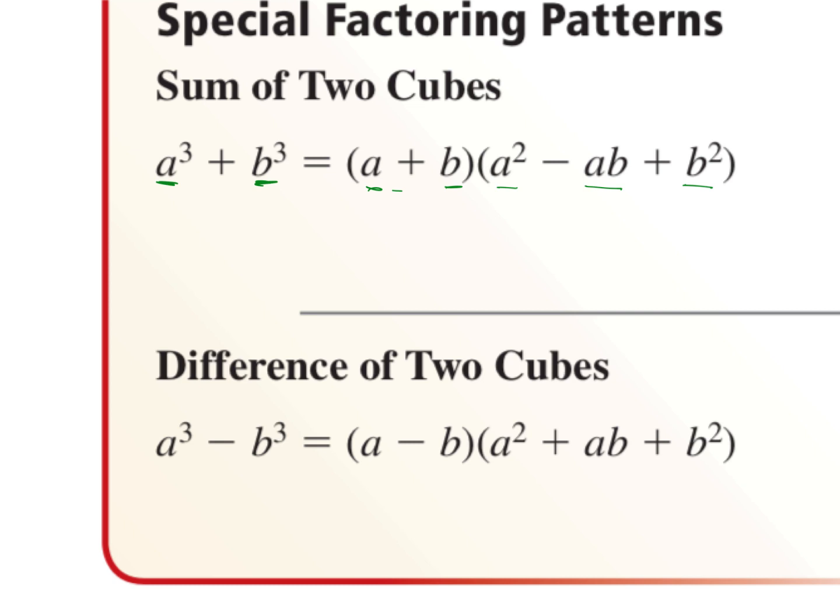Now, one little trick to remember the difference of the signs in the sum of cubes and the difference of cubes is SOAP. It stands for same sign, opposite sign, and then the last one is always positive. So if we're adding, it's the same sign, the opposite sign, and then always positive.